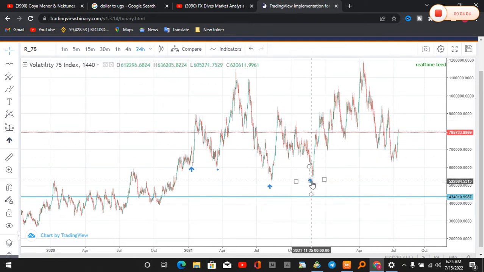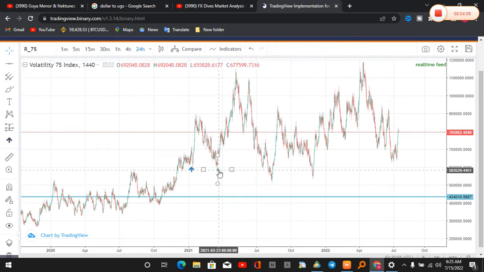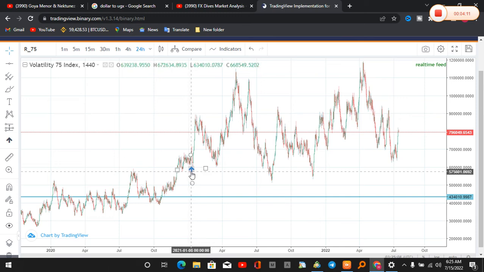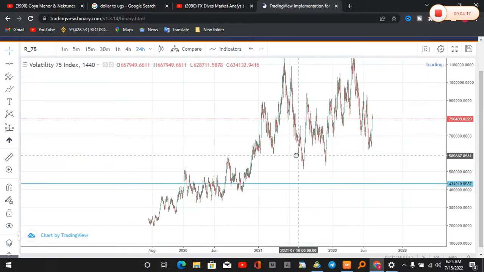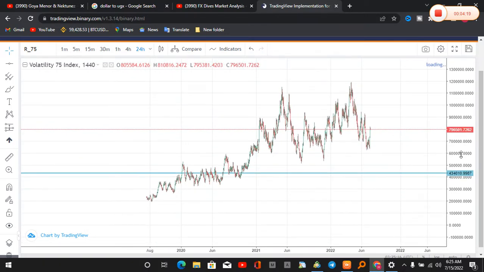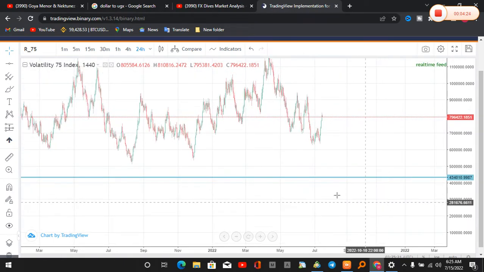Now we're going to start by analyzing our major market key levels by drawing our horizontal lines for them to be identified. Remember, we are in the highest time frame, which is the daily time frame. So I'm going to zoom in.